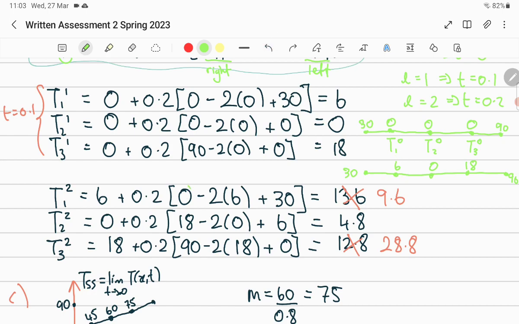So here's 0 to the right, 30 to the left. Bang in the numbers. Then looking at T2, the temperature to the right and the left. And then finally temperature 3, the temperature to the right and the left. And then we're done. Okay, so that's how that works.